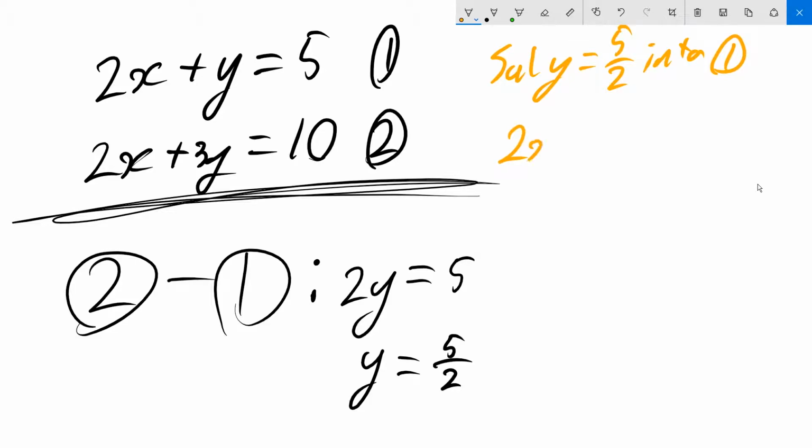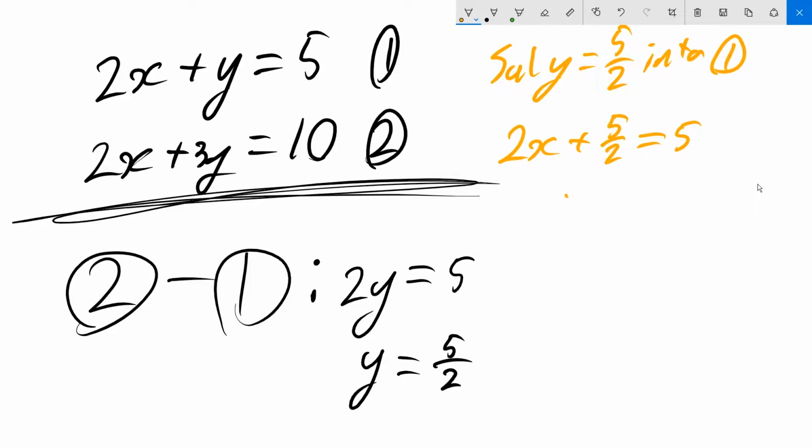So 2x plus 5 over 2 equals 5. So it's 2.5. So we subtract. So now we just solve for x.